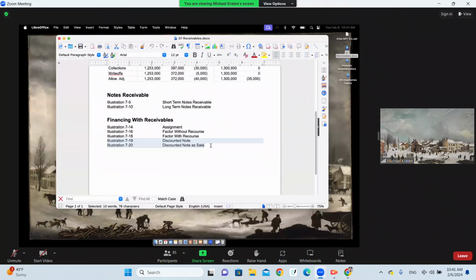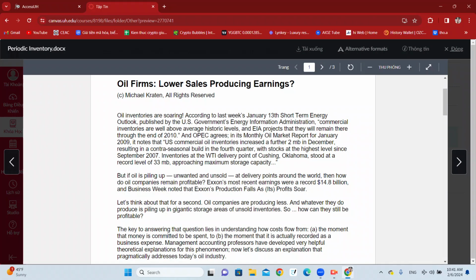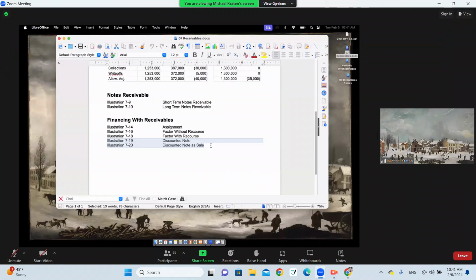Well, if one asset, whatever you're selling, goes down by a lot, but a cash asset only goes up by a little bit, the value of the company is going to decline, and you're going to have to record an expense or a loss. And you see the loss in illustration 720.